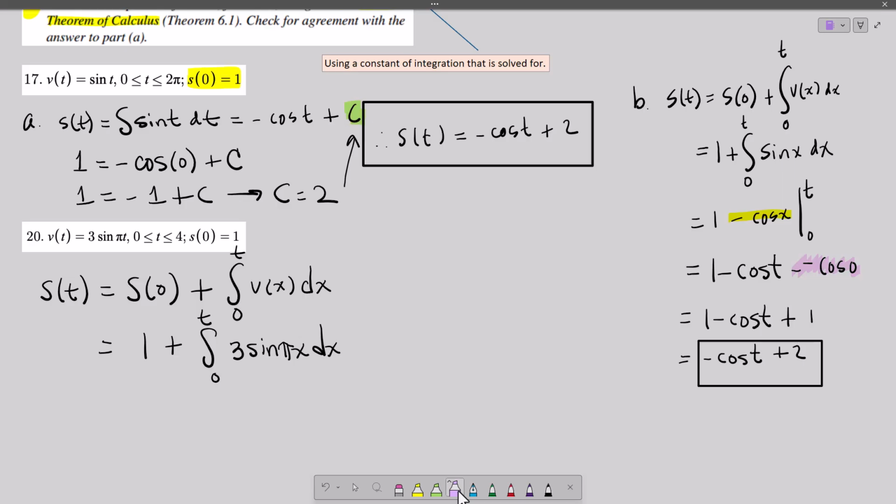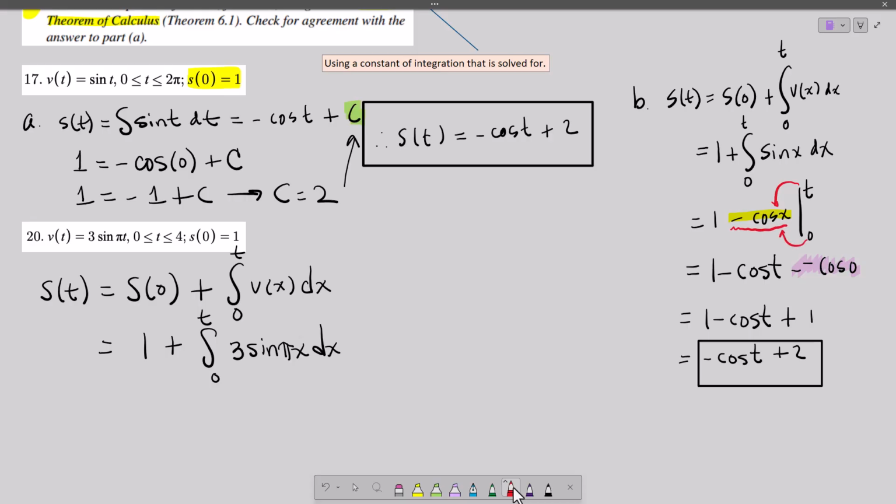So the antiderivative is just this yellow piece, right? This one is outside of it. It's 1 plus this integral. And the antiderivative for this integral is negative cosine of t. So this is getting plugged in just to that part right there, and this is getting plugged into just that part.